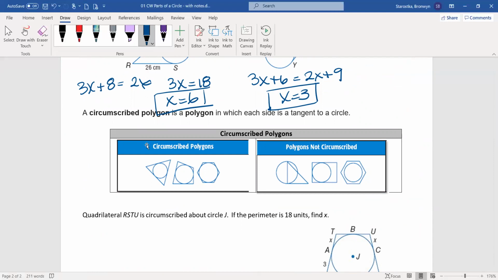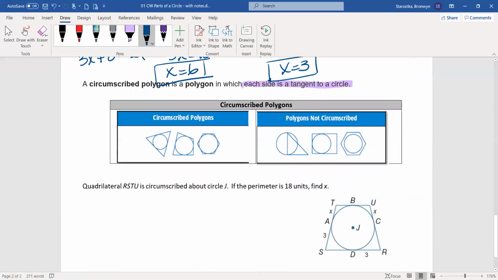We've got this polygon that's around the outside of a circle. So in our polygon unit, we put the polygon inside the circle. Here we're going to put the polygon around the circle, and we call that a circumscribed polygon. So a circumscribed polygon is a polygon in which each side is tangent. So we've got some examples on the left, circumscribed polygons.